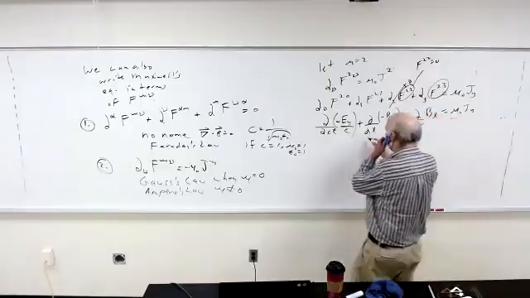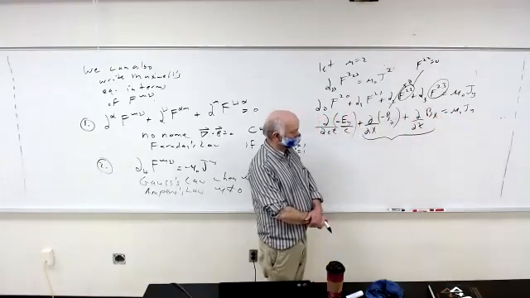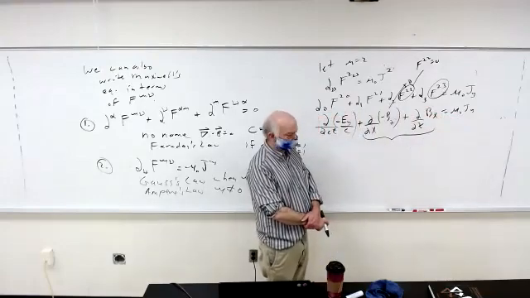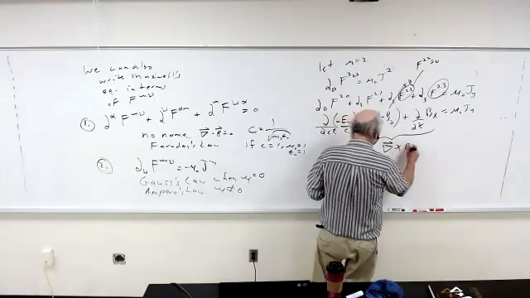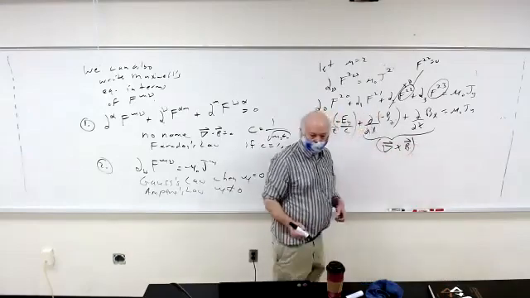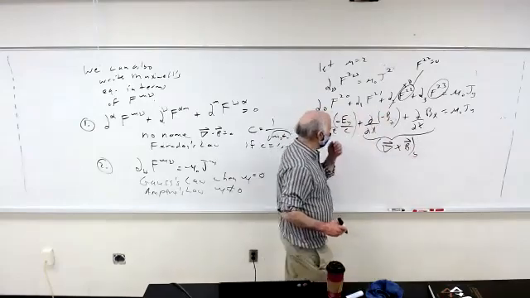Okay, so what is this guy here? That's the cross product, the curl. Okay, it's the curl of B. Which component? It's a Y component. So I'm going to take this to the other side.